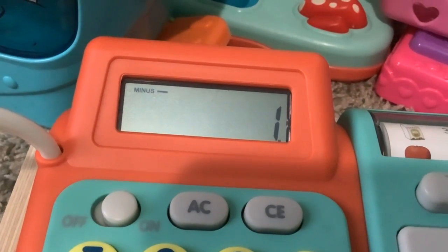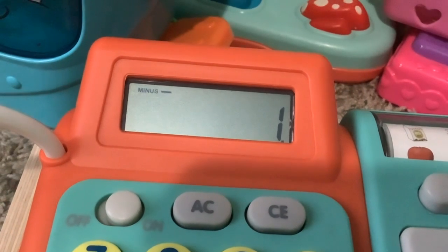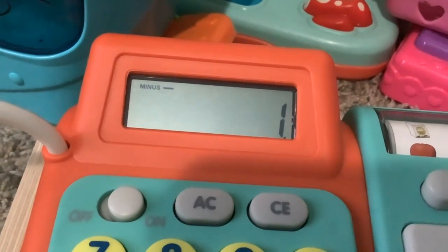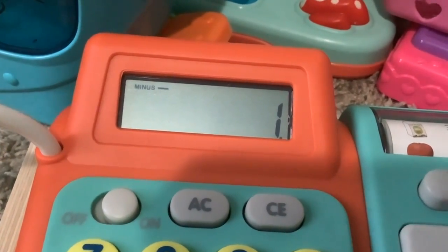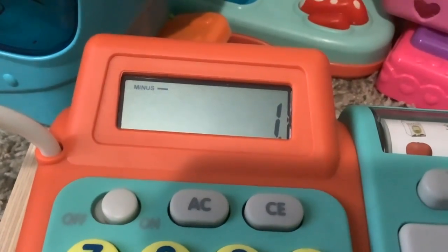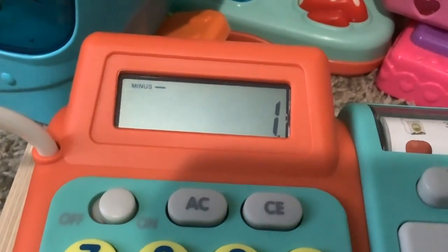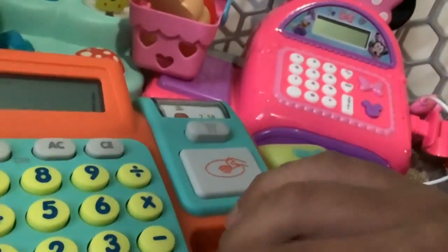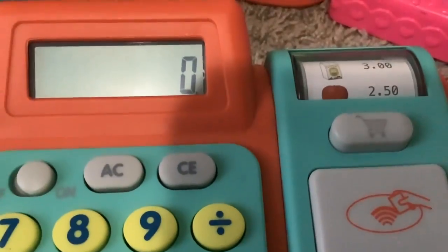The minus signs tell us that the number is negative. So -1 and -1 are both ways to say -1 or 0 minus 1. That's -1. And if we add 1, that would be 0.